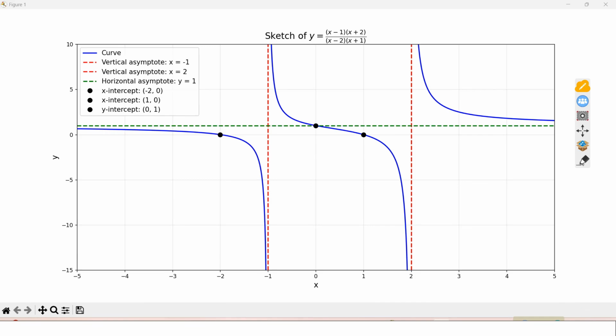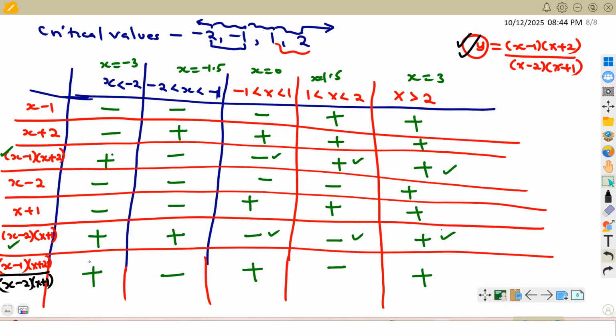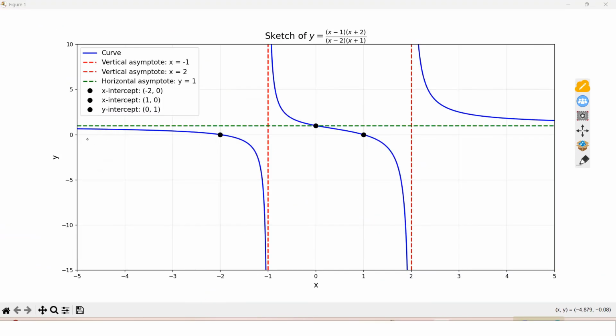So how do you draw the curve? The curve will be drawn depending on the nature of the curve in these different regions. So we had the region x less than negative 2, and in this region of x less than negative 2, the curve is positive. So when we come here, we shall go to that region of x less than negative 2.